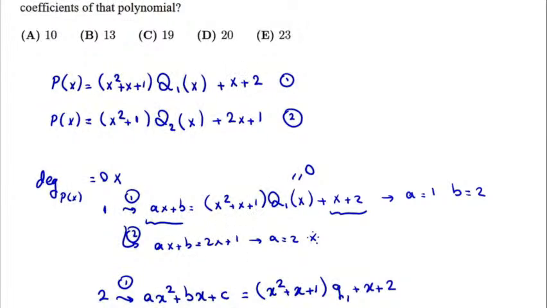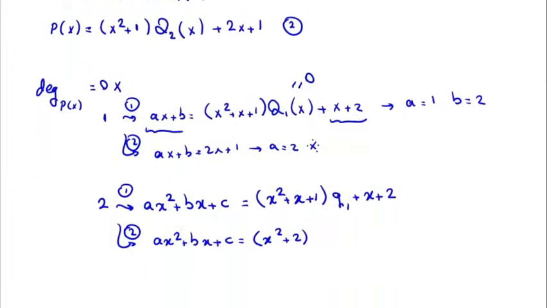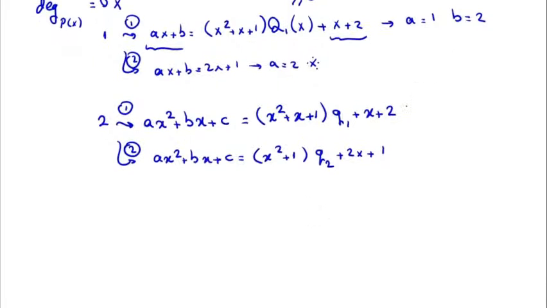Because we are working only with remainders, we can reject 1 again. Let's reject 2. It will be x squared plus 1. Again, in the same way, q2 plus 2x plus 1. Now, here the coefficient of x squared in the first part is a, and in the second part is q1.